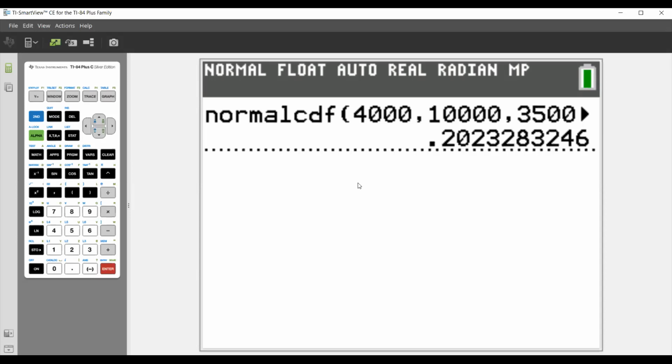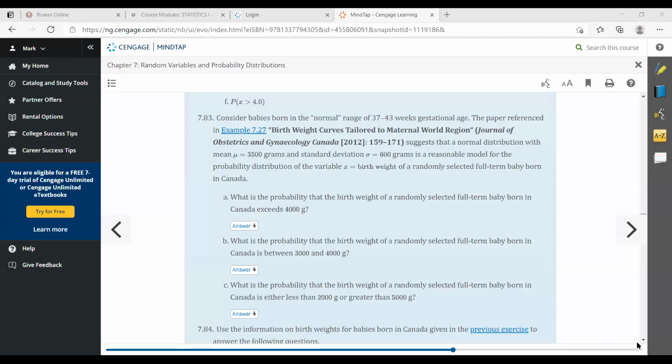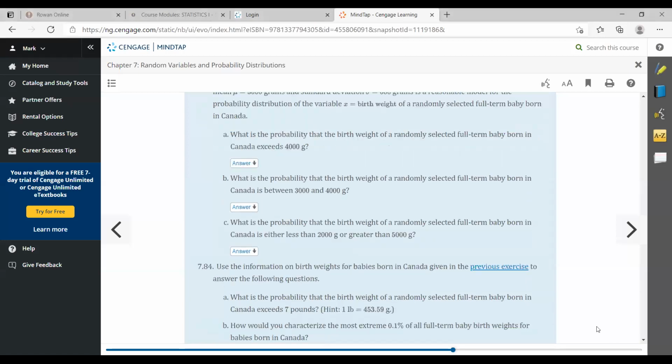All right, let's look at the next question. B. What is the probability that the birth weight of a randomly selected full-term baby is between 3,000 and 4,000 grams? Okay.